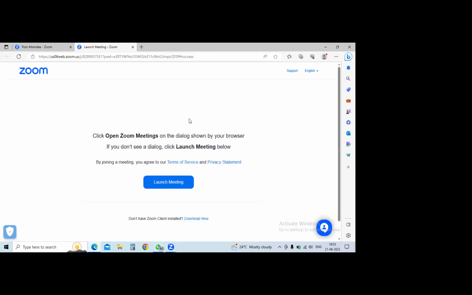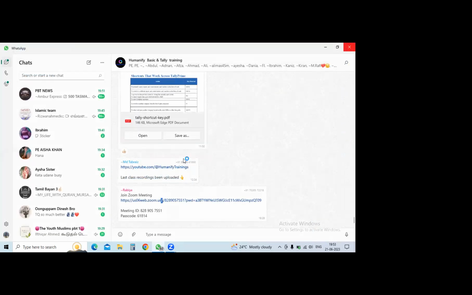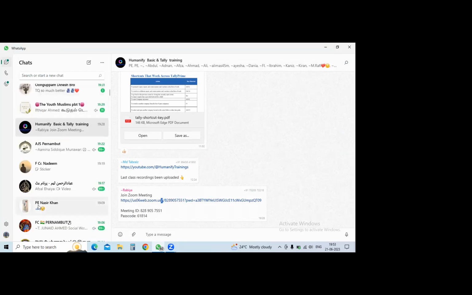Zoom is already open. You close this one. Open the WhatsApp. Scroll down. You have not received a message? No, ma'am. I haven't received it. I have sent you one image just now.